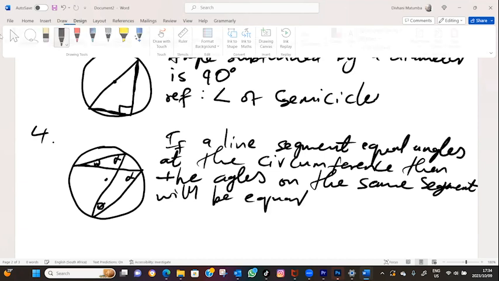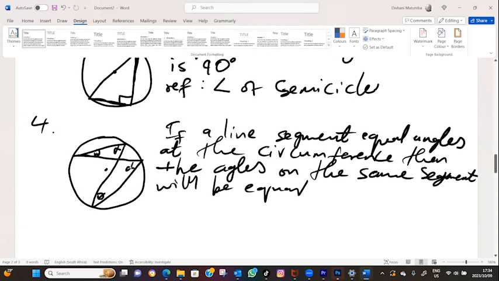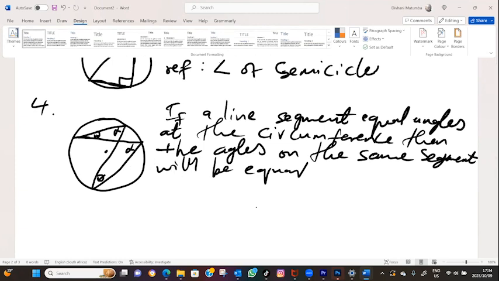Now the thing is, if you draw a circle and you have this structure, you will know that this angle and that angle are the same, and that angle and that angle will be the same.